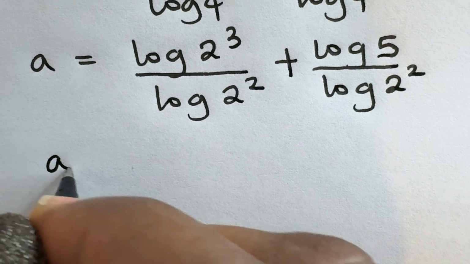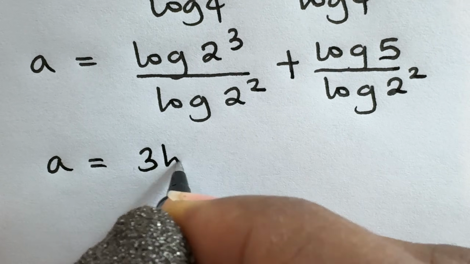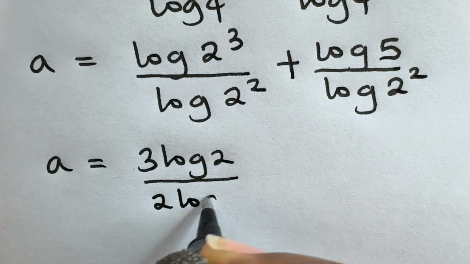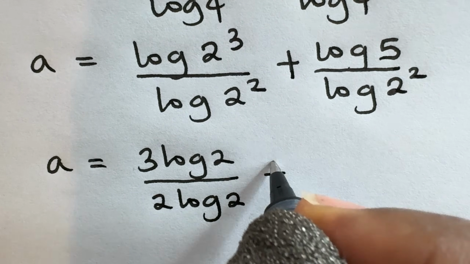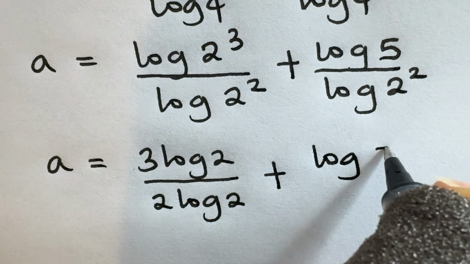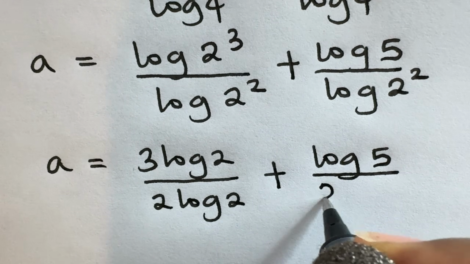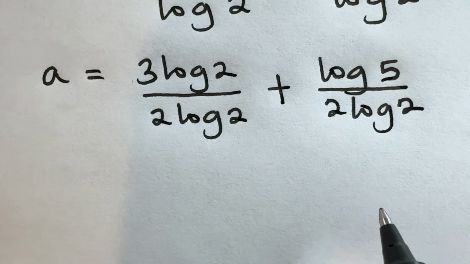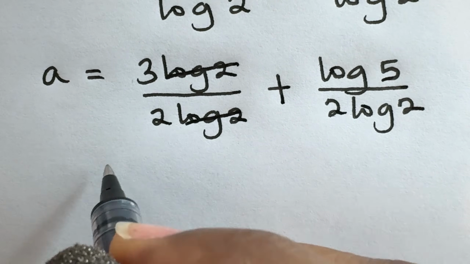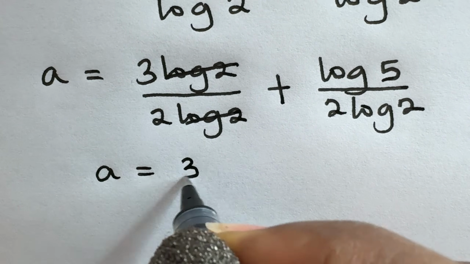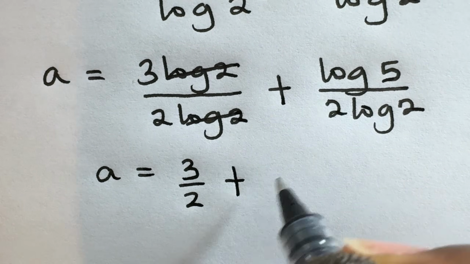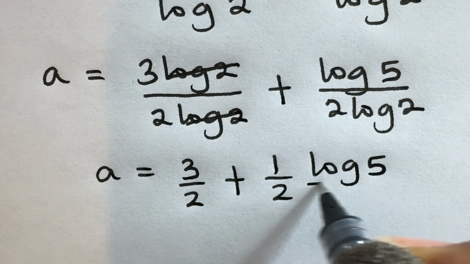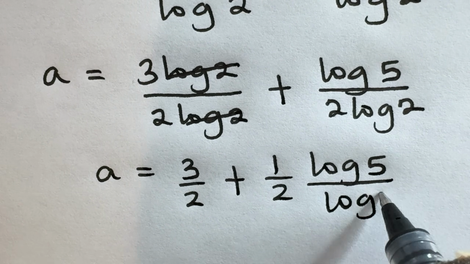Then we have a is equal to 3 log 2 divided by 2 log 2 plus log 5 divided by 2 log 2. Log 2 will cancel log 2 here, so a is 3 over 2 plus 1 over 2 log 5 divided by log 2.